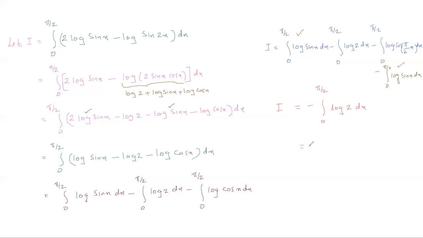That is minus log 2, which is constant, and the integral of 1 is x from 0 to pi by 2. So minus log 2 into upper limit pi by 2 minus lower limit 0. So that implies I is equal to minus pi by 2 log 2. That is the answer.